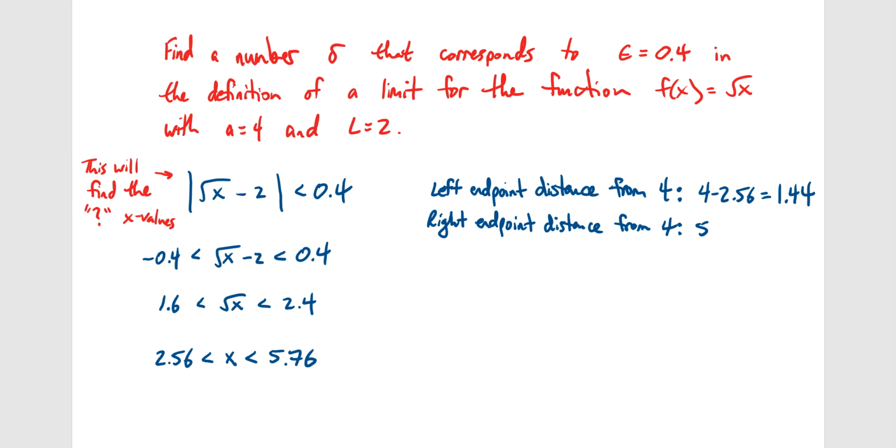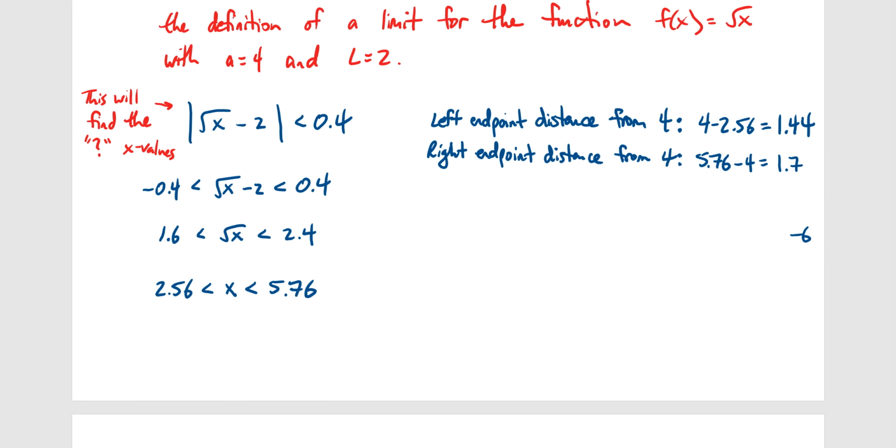Notice I'm doing the larger number minus the smaller number just to make sure that we get the positive number out. And we get 1.76. So those are the two distances, and like we've been saying, we choose the smaller one. That means delta is going to equal the smaller distance, which is 1.44.